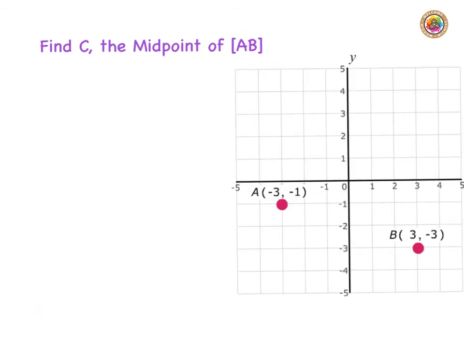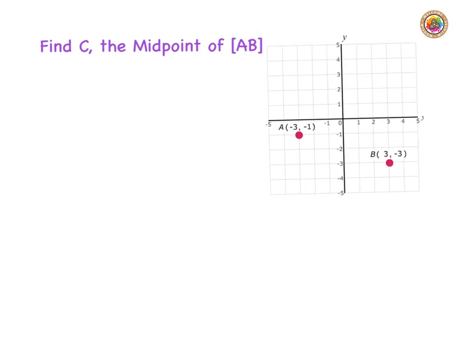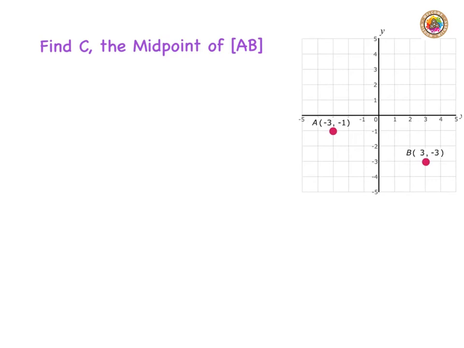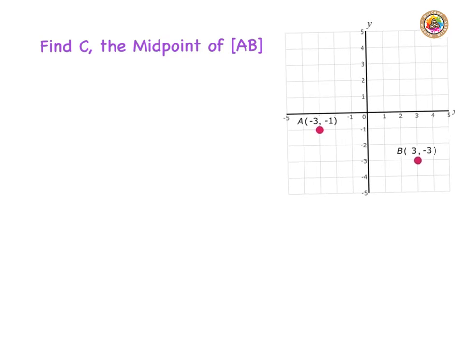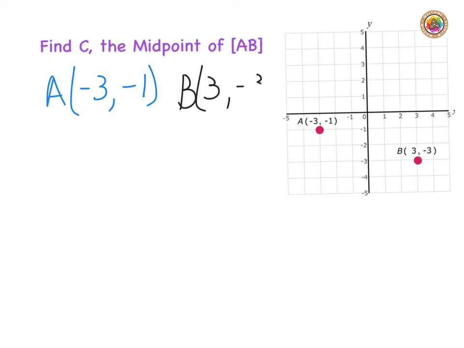Okay, and we're going to do one more example. So we can see here from our diagram, we have 2 points again, A and B, and we're asked to find the midpoint. So again, I start off and I write down my 2 points. So I have A is -3, -1, and B is the point 3, comma, minus 3.